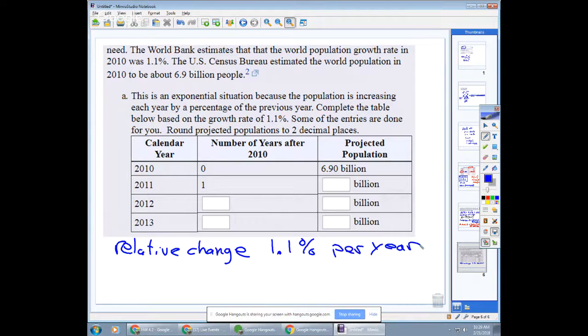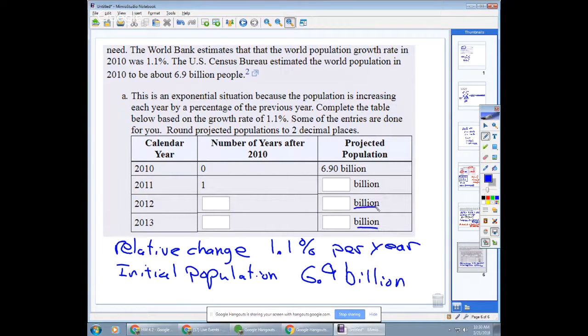And we're going to have an initial population of 6.9 billion people. Since these are all referenced in billions over there, I don't have to worry about converting that to a regular number with a ton of zeros. I can just call it 6.9.